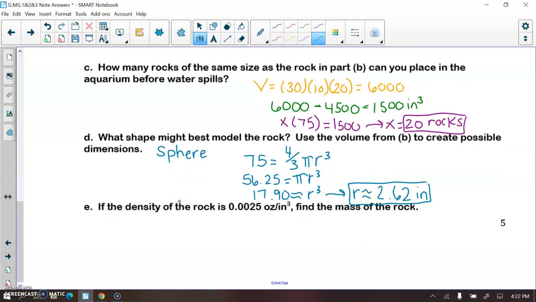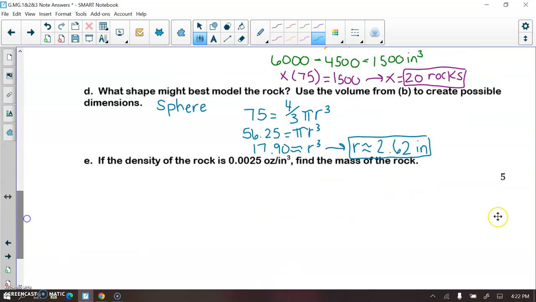All right. If the density of the rock is 0.0025 ounces per inch cubed, we want to find the mass of the rock. So my density is equal to mass over the volume of the rock, which was 75.